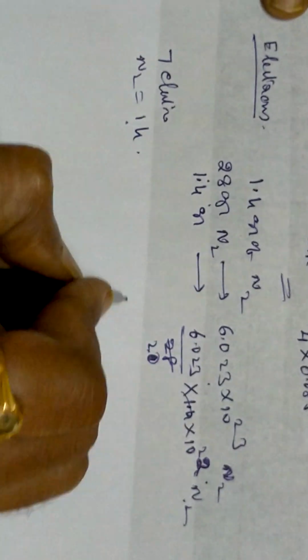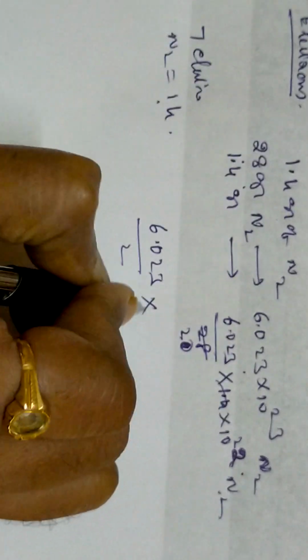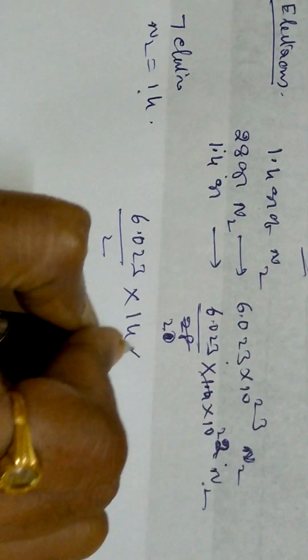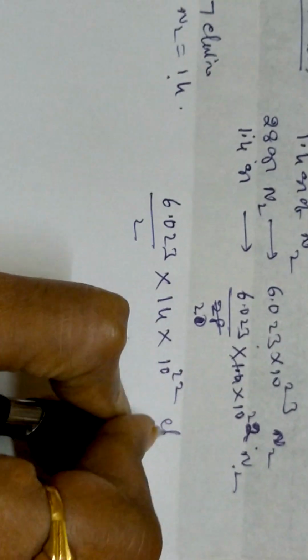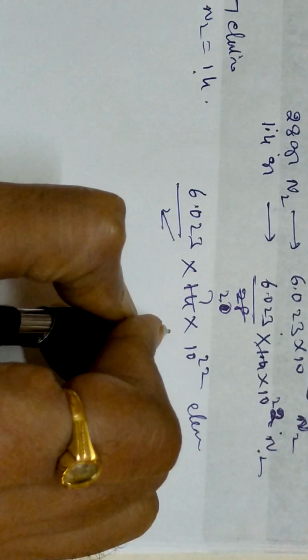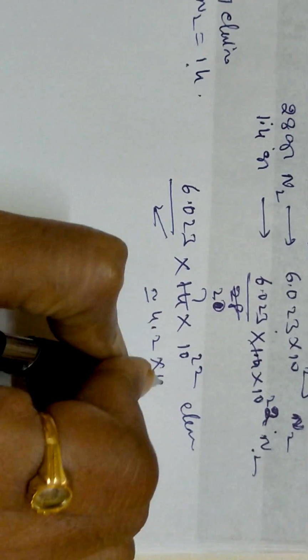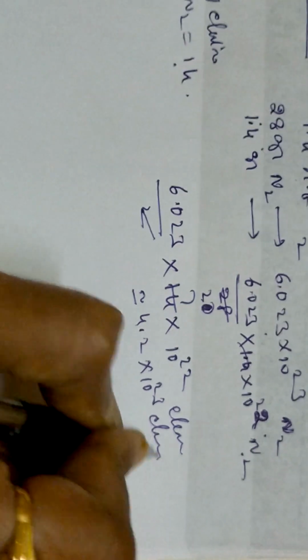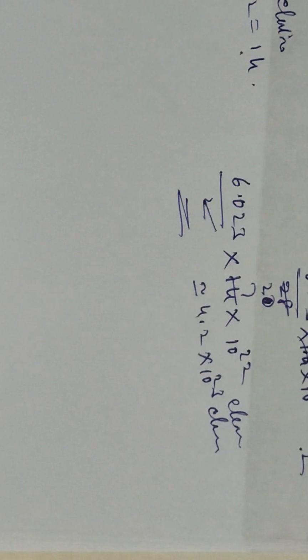This many molecules are there, so 6.023 by 2 into 14 into 10 to the power 22 is the number of electrons. That is around 4.2 into 10 to the power 23 electrons. This is a very simple question and simple answer, but the only confusion is the electrons.